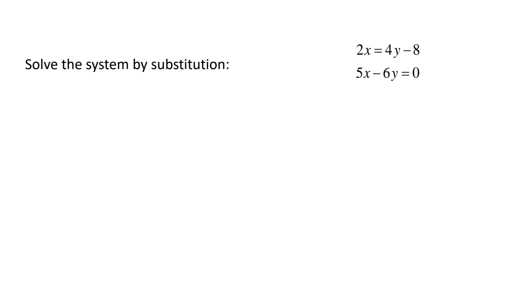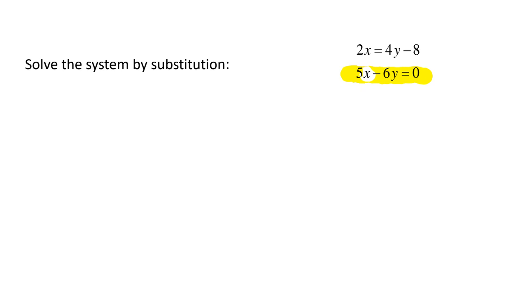Now, I'm going to tell you that if you took this one, 5x minus 6y equals 0, that equation would give you fractions. Because if you isolate x, you would have x is equal to a positive 6 over 5y. If you isolate the y value, you would have a fraction. So therefore, we don't want to use the 5x minus 6y equals 0.